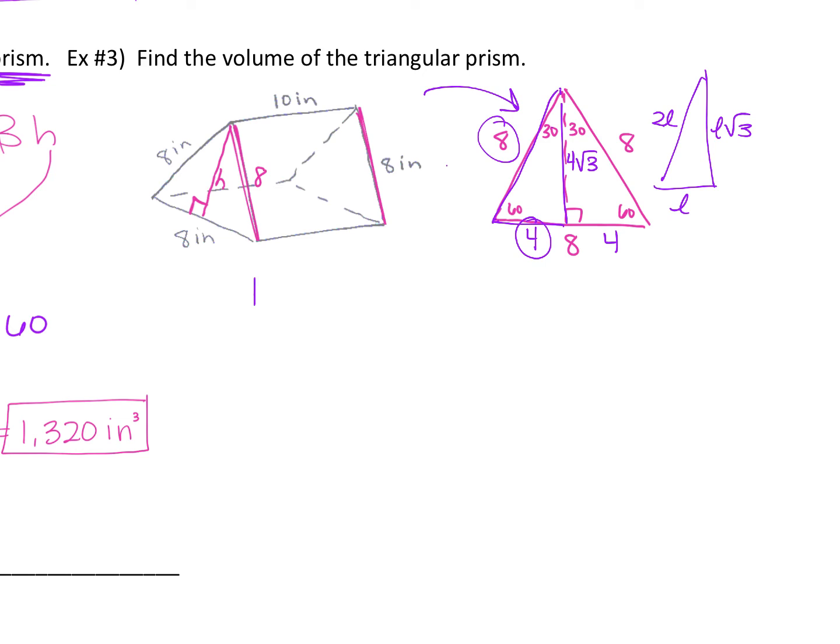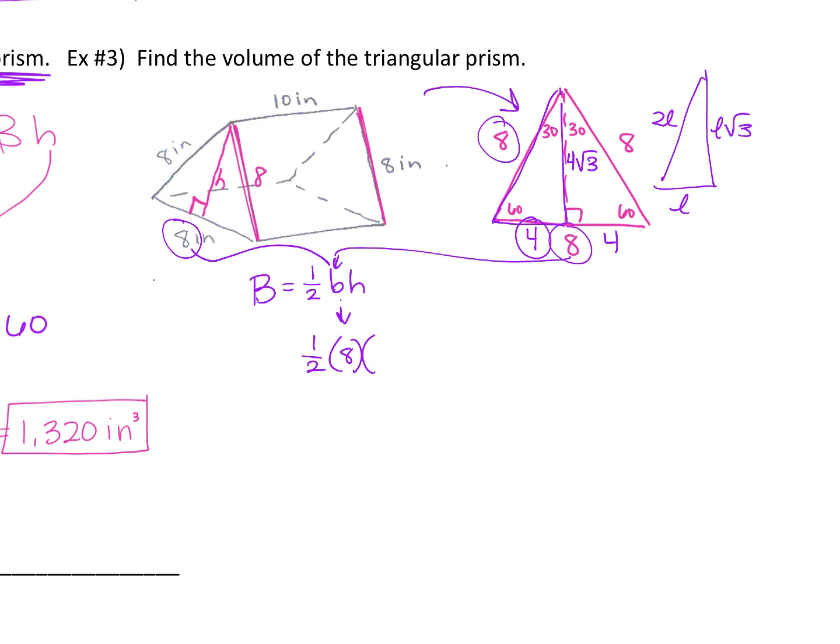That means to find B, the area of the base, you need to do 1/2 times base times height. Well, the base right now is this 8. That's the base of your base. It's a lot of B's going on, right? So that's 8.